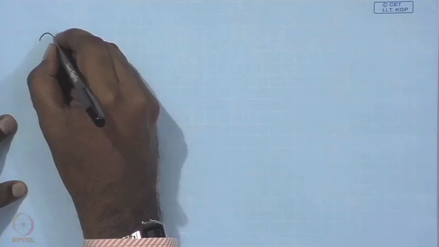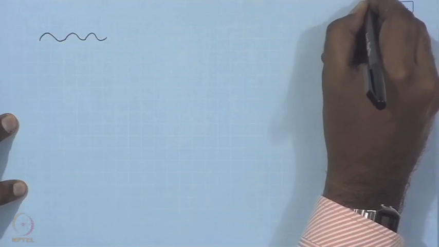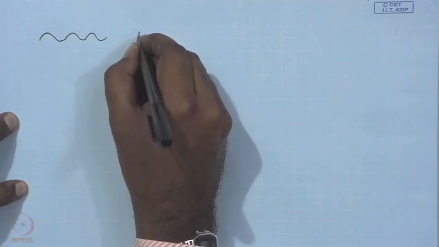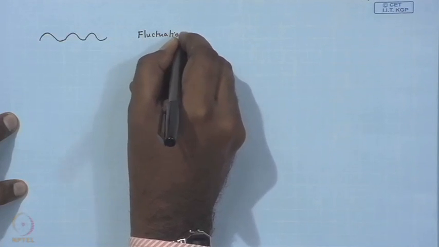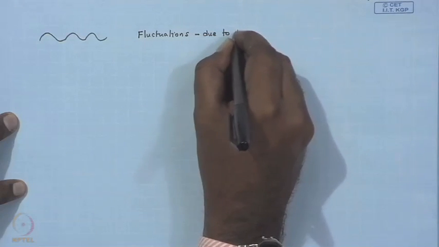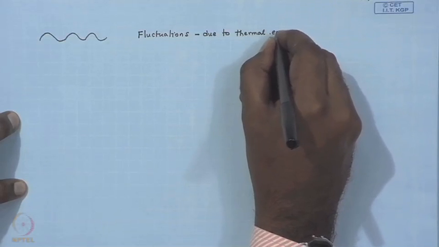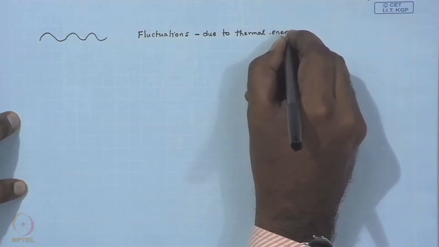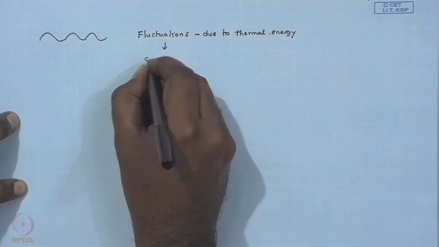So, this occurrence of fluctuation is due to thermal oscillation or thermal energy, and the growth of the fluctuation is opposed.